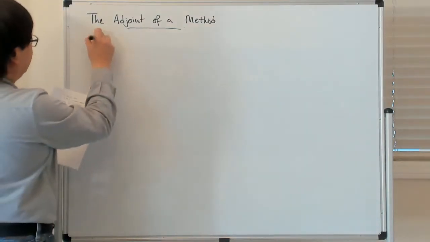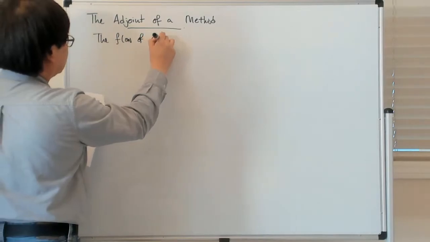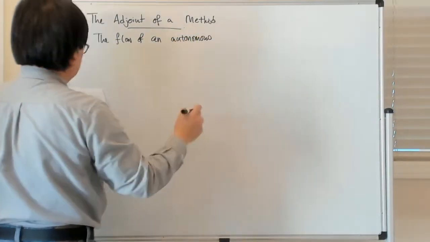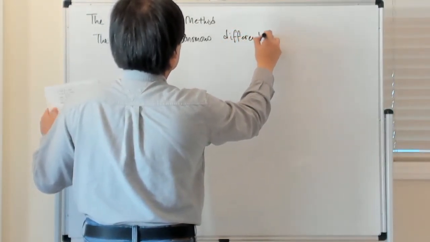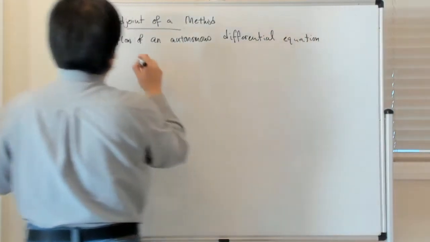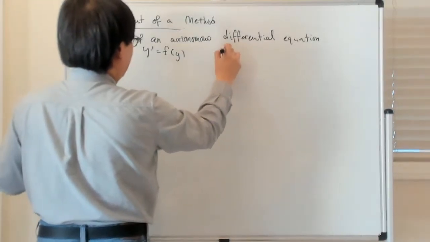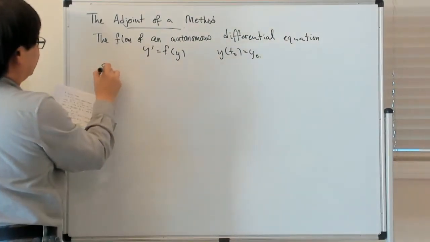So the flow of an autonomous differential equation y prime is equal to f of y, right? Y of t0 is y0, satisfies the following property.